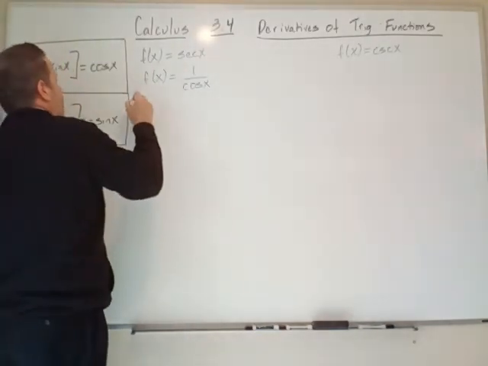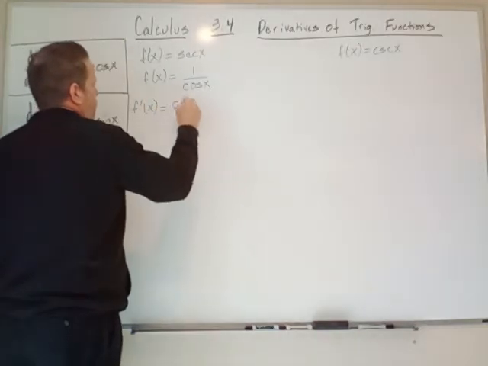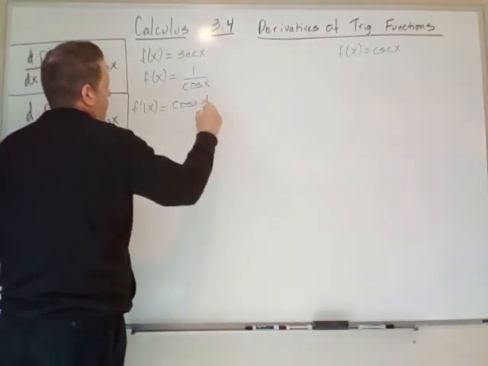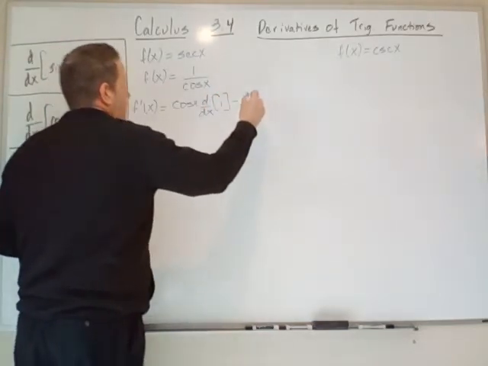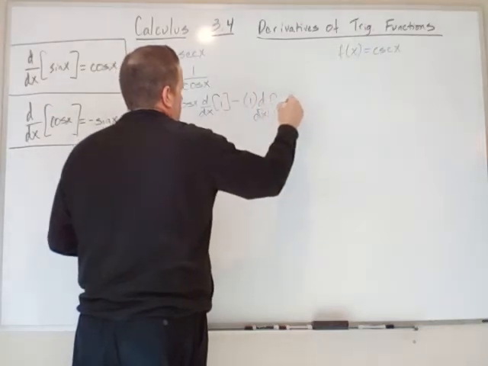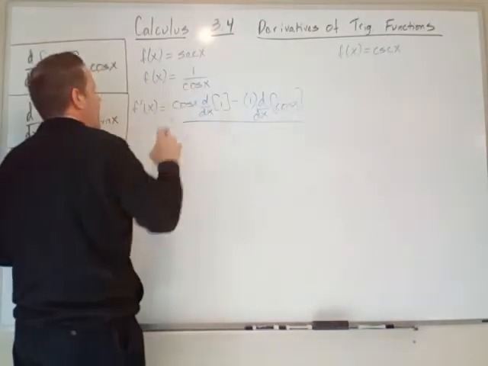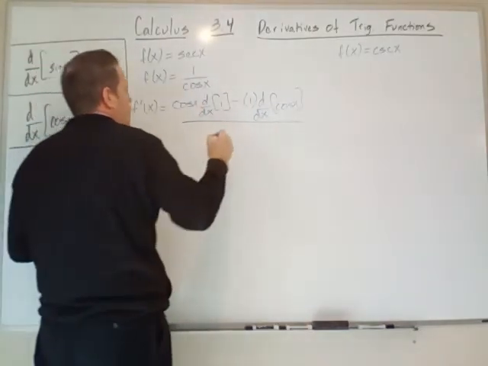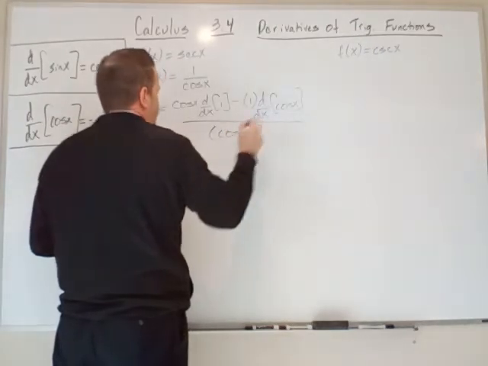So I've got f prime of x: low d high minus high d low all over the square of what's below. Again, that would be cosine x quantity squared for that denominator.